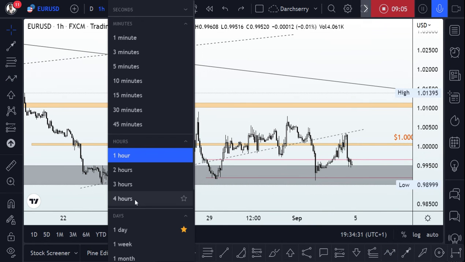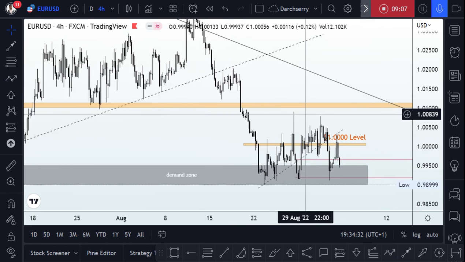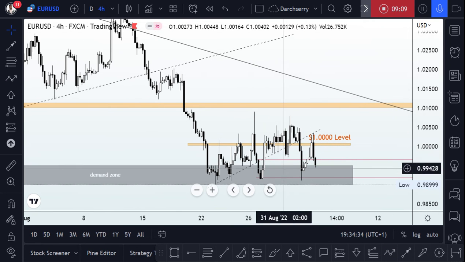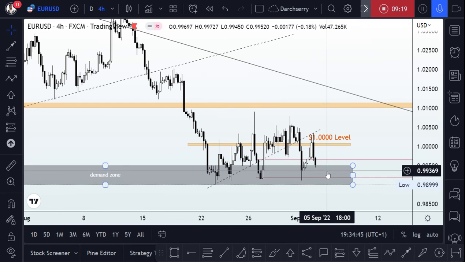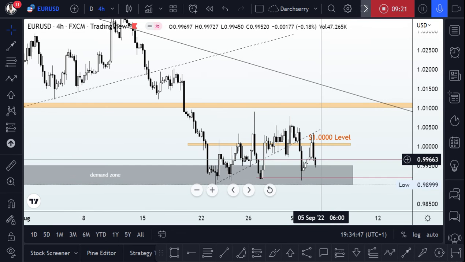So this is what I'll be doing. I'll be pausing the video at this point and let's see what happens from this juncture in this market. Let's see if we are going to be having a breakdown of the demand zone or we are going to be having price respecting that demand zone one more time to push price to the upside. Be rest assured I will be giving you an update in the comment section of this video during the early hours of the week after monitoring how participants are relating with the zone.